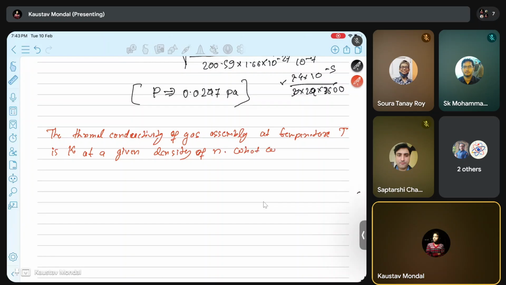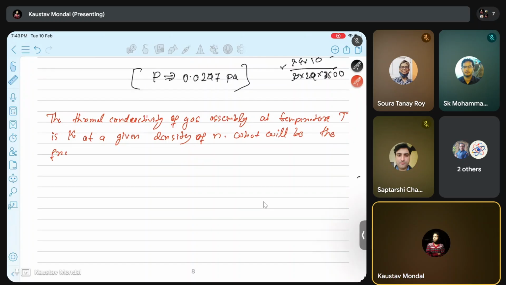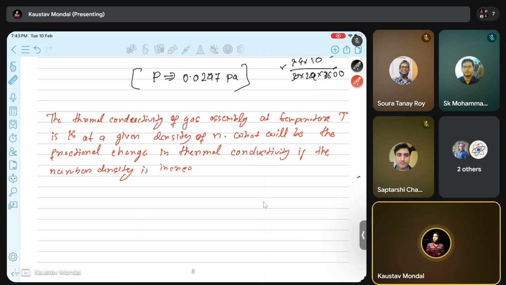What will be the fractional change in thermal conductivity if the number density is increased 3 times?